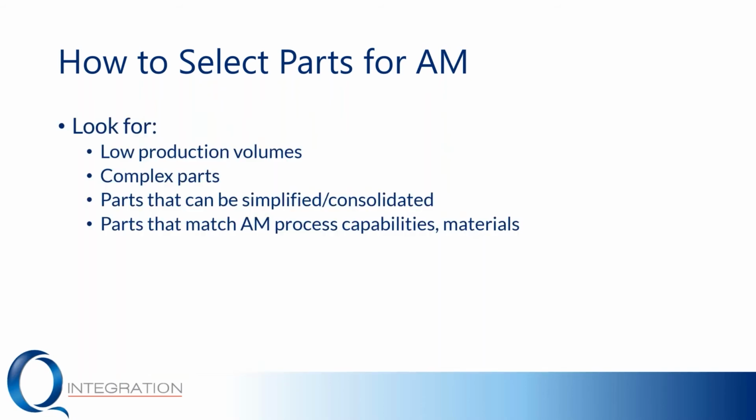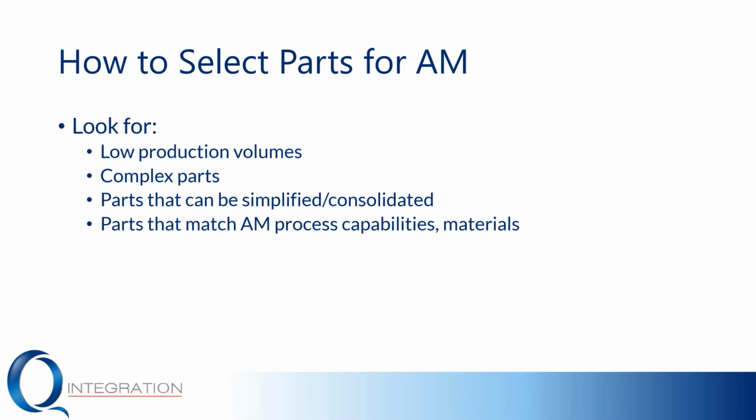So how would you select parts for AM? What should you look for in parts that you're going to additively manufacture outside of being more complicated or lower volume? So again, lower production volumes and complex parts are great, but really you also want to look for parts that can be simplified or consolidated. Basically, they can be modified to leverage the advantages of additive manufacturing.